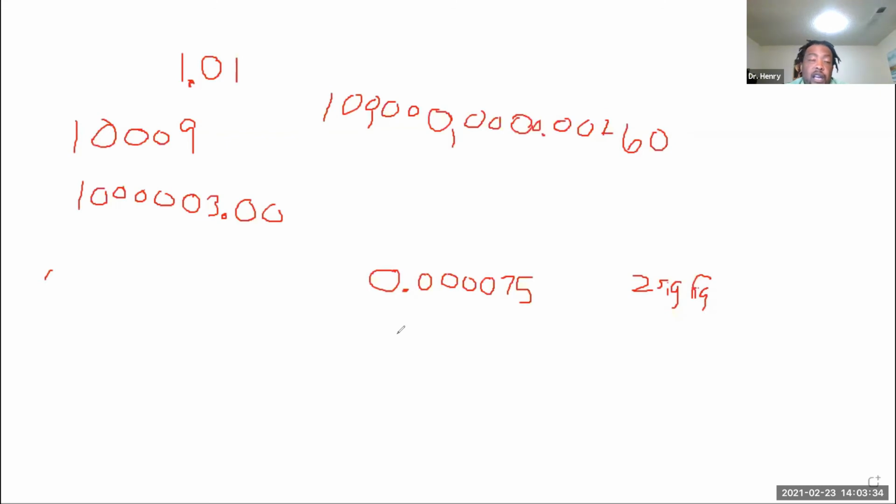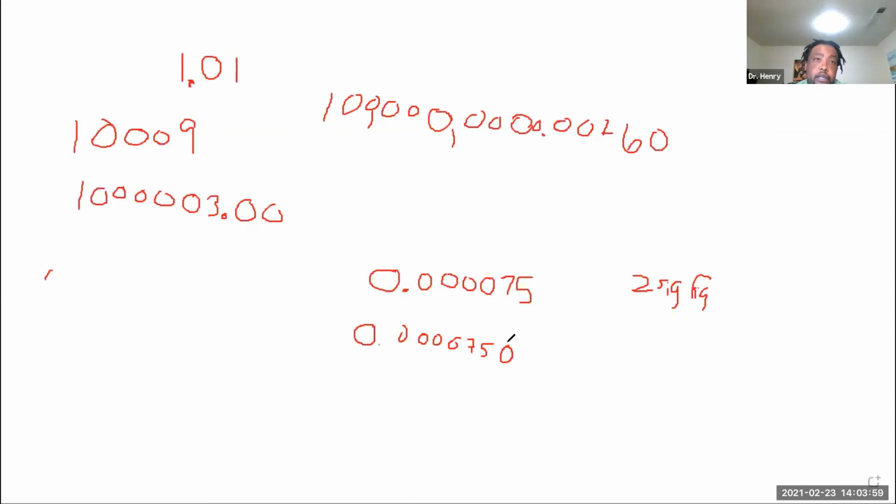And then if I have what they call lagging zeros, the lagging zeros become significant because we're telling the person who's in the next shift that this value here is accurate. We're sure about it.